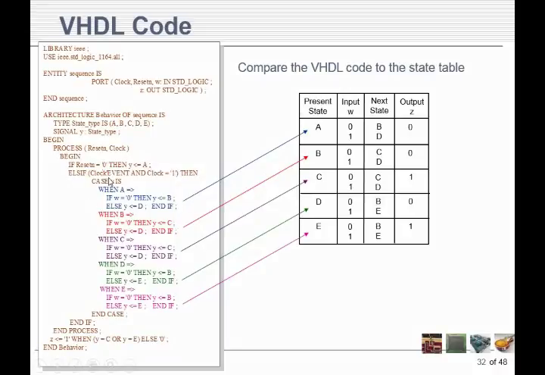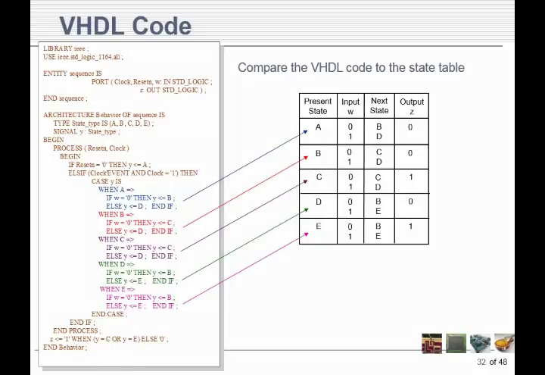So we start out in A, but then here we're looking for a positive transition on the clock. I don't know why it was positive. That was probably an arbitrary decision. It could have been a negative edge of the clock. This one's positive edge. It could also say in here if rising edge, right?